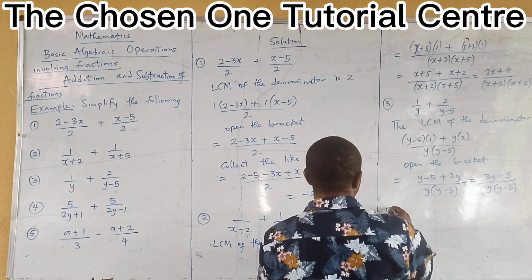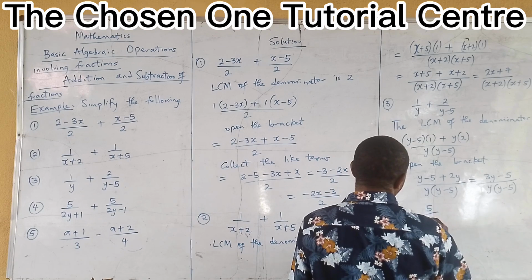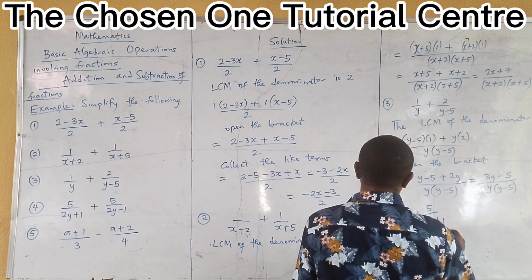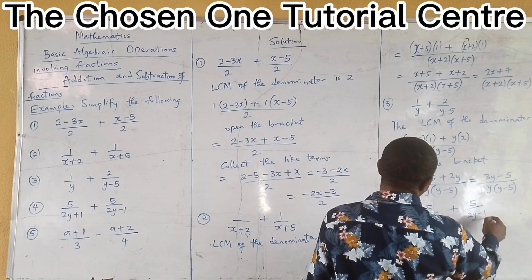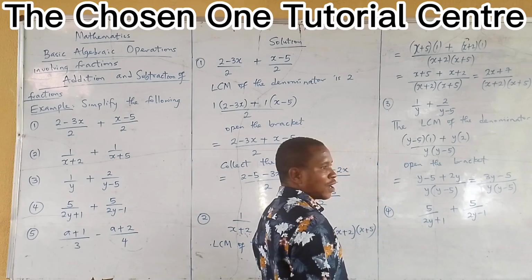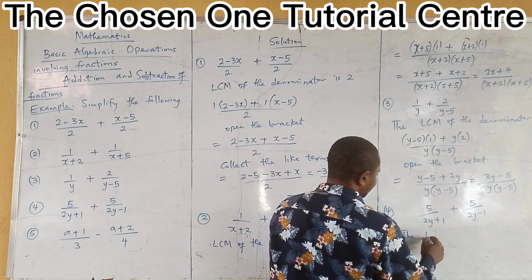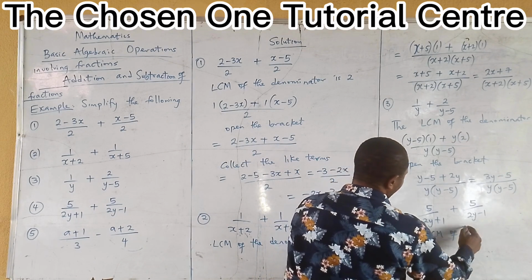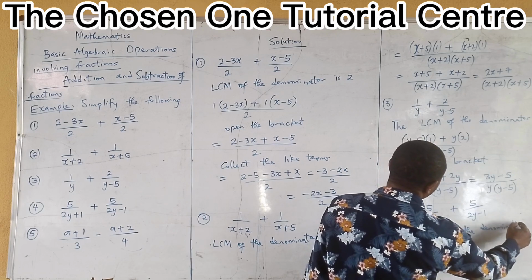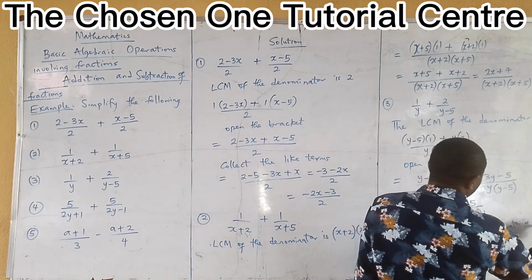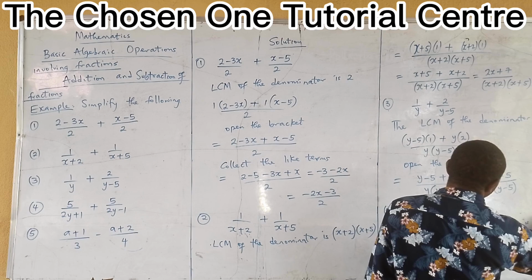So let's solve question 4. In question 4, we have 5 over 2y plus 1 plus 5 over 2y minus 1. So we are going to find the LCM. The LCM of the denominators is (2y plus 1)(2y minus 1).